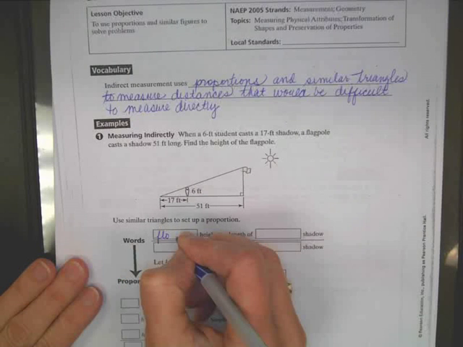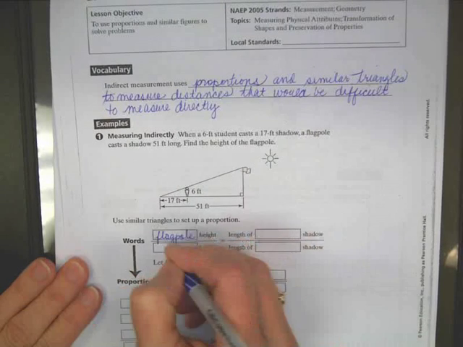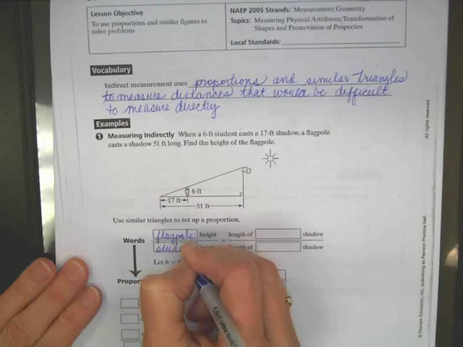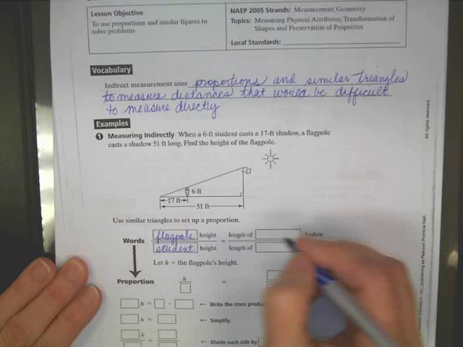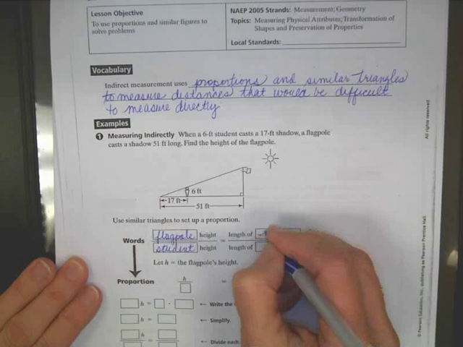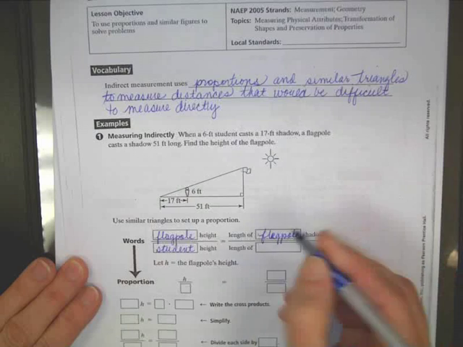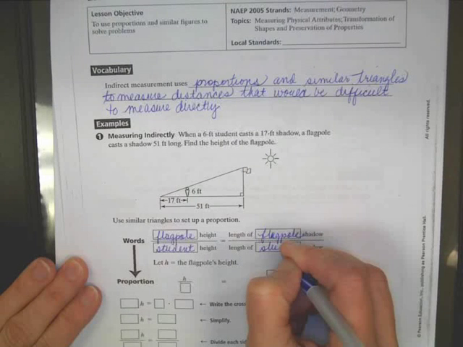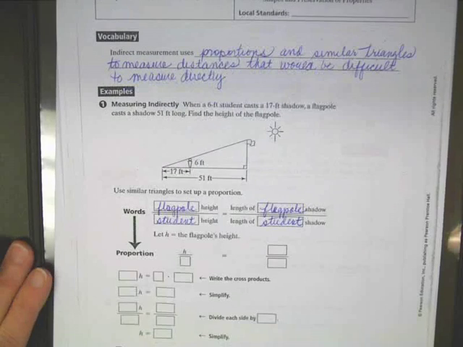If we look at the flagpole height over the student height, and compare that to the length of the flagpole's shadow and the length of the student shadow, that is a proportion that we can solve.